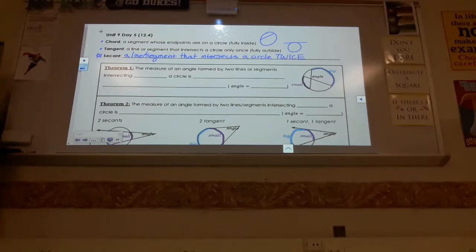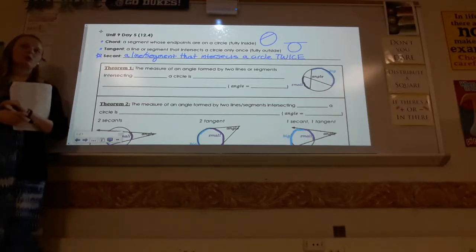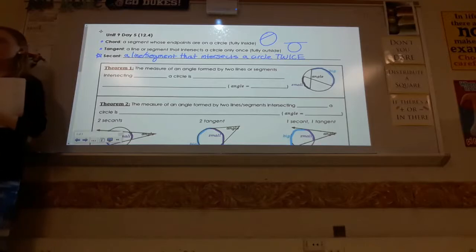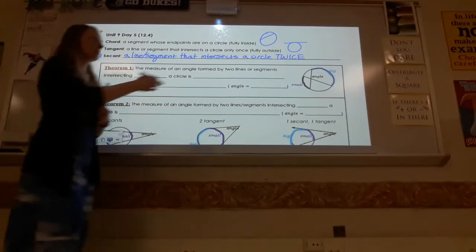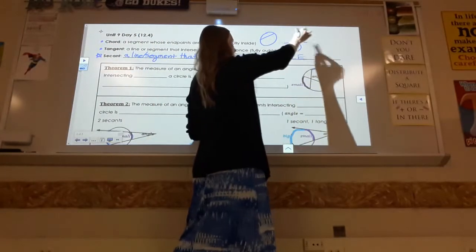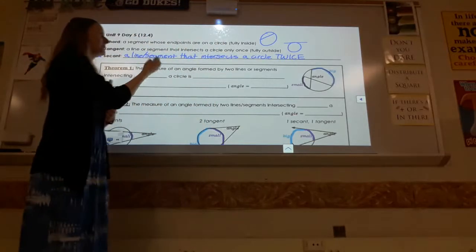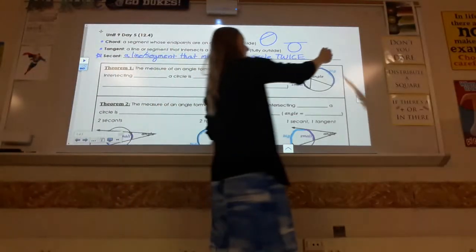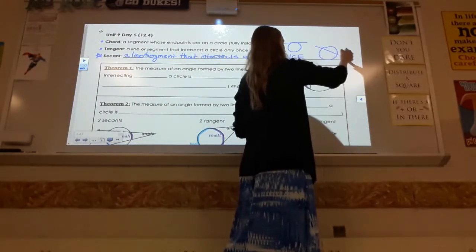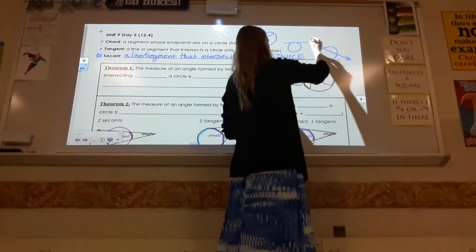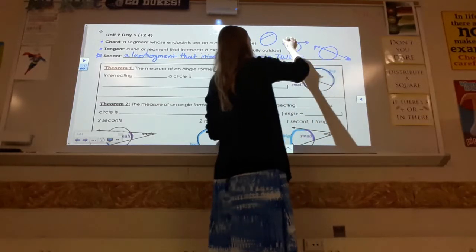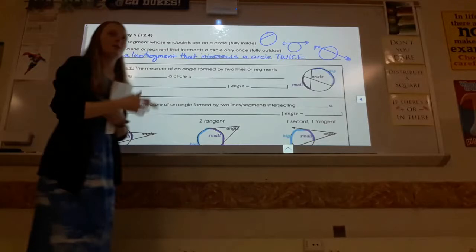And so it's related to the tangent and the fact that it does cross through the circle and keep going. A tangent touches the circle once, but it continues on both sides. A secant is like that, where it touches the circle and it keeps going, but it doesn't just touch the circle once, it touches it twice. So it's kind of like slicing through the circle.